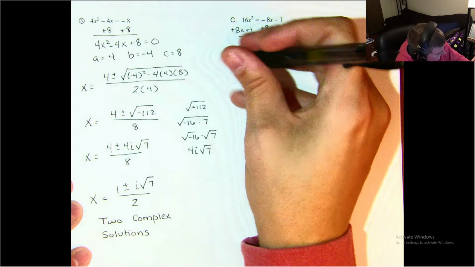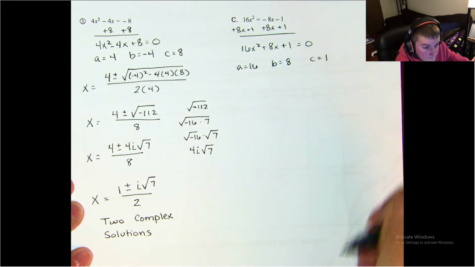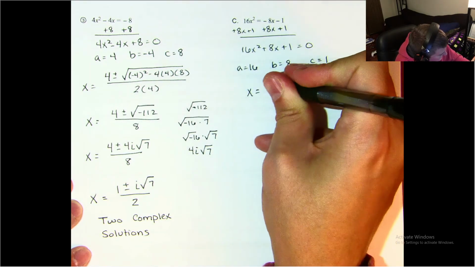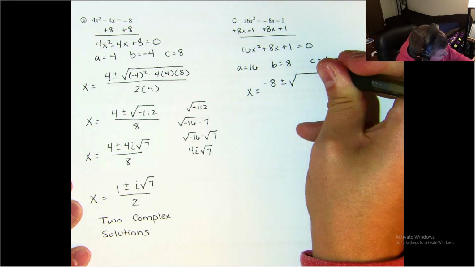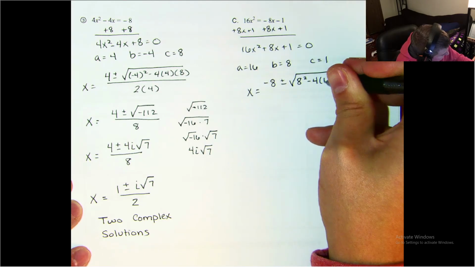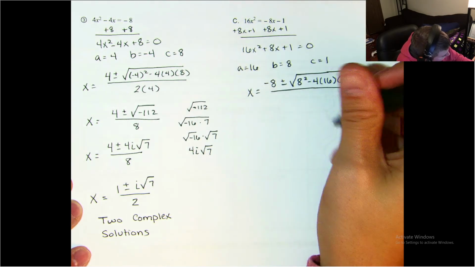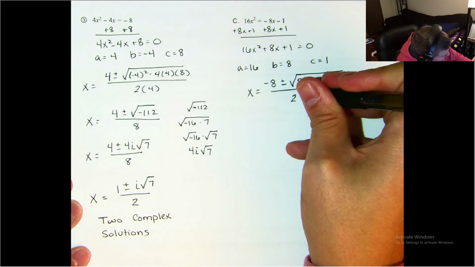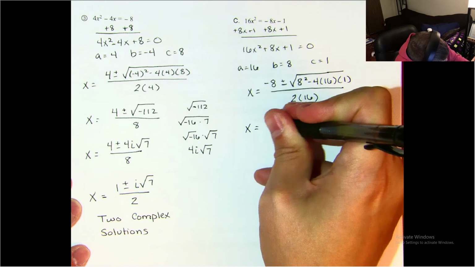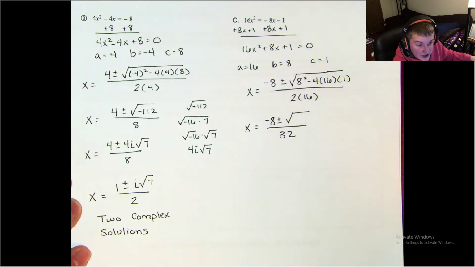Okay, so that means my A value is 16, my B value is 8, and my C value is 1. So then I can just use the formula. X is equal to the opposite of B, which is negative 8, plus or minus the square root of B squared, so 8 squared, minus 4 times A times C, all divided by 2 times A. Let's figure out what that discriminant is.